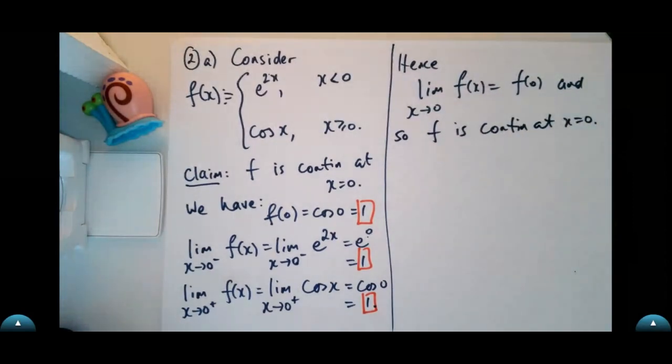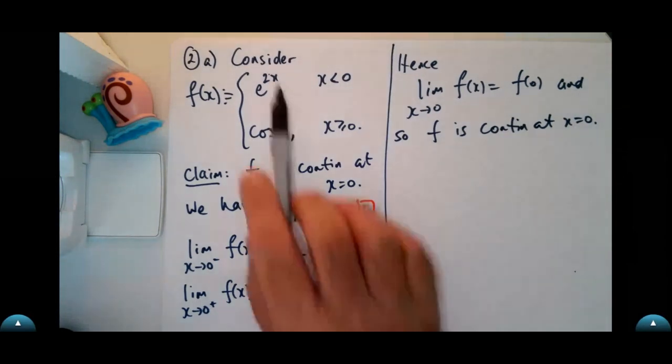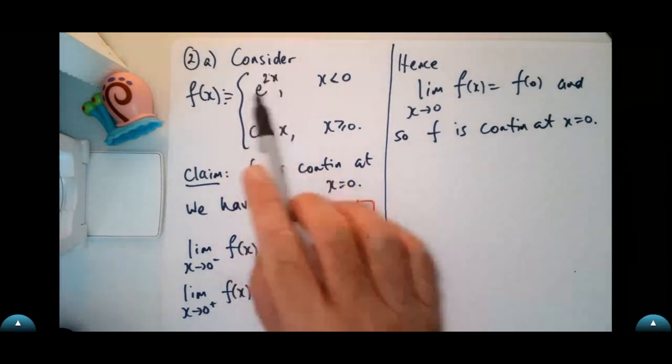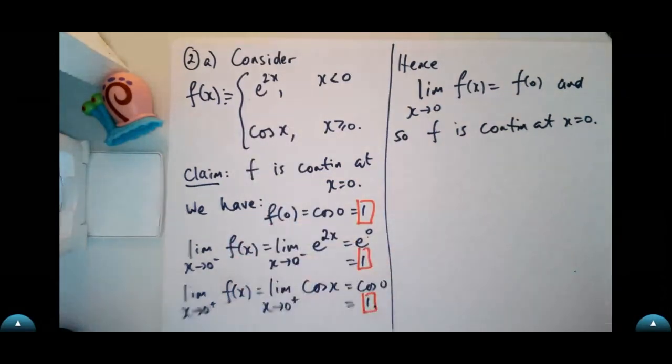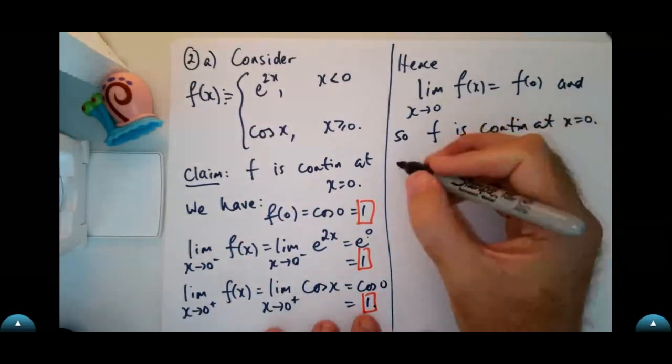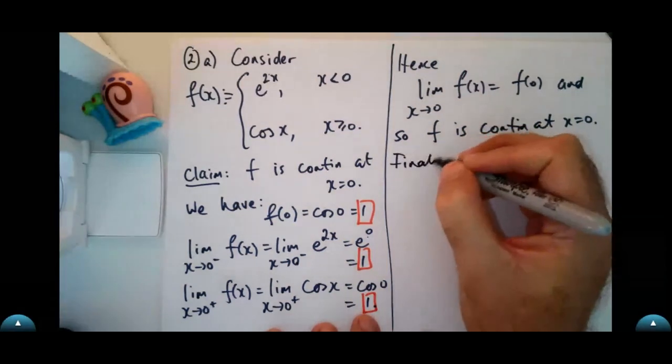All right, last part. What about everywhere else? So e to the 2x is continuous everywhere. Cosine x is continuous everywhere. So, you know, we put those together.